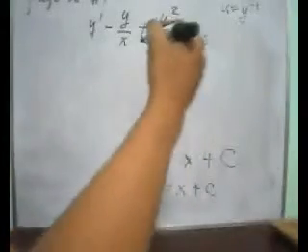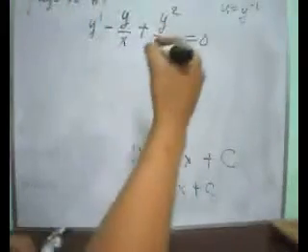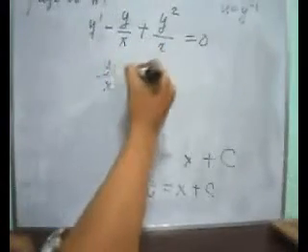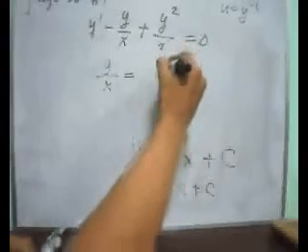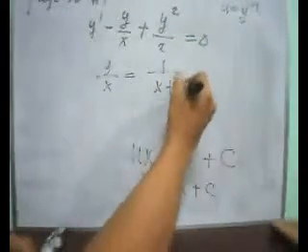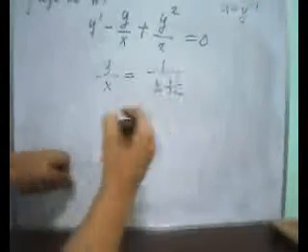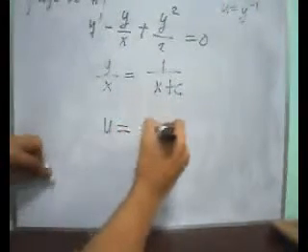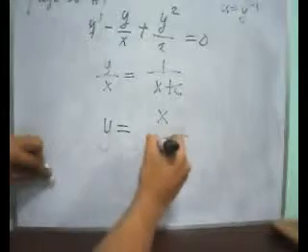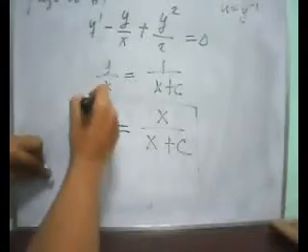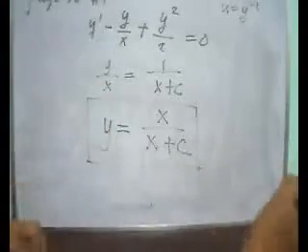We have y over x is equal to 1 over x plus c, right? So solving for y, we get y is equal to x over x plus c. Now this is the solution for the differential equation given by this form. Okay?